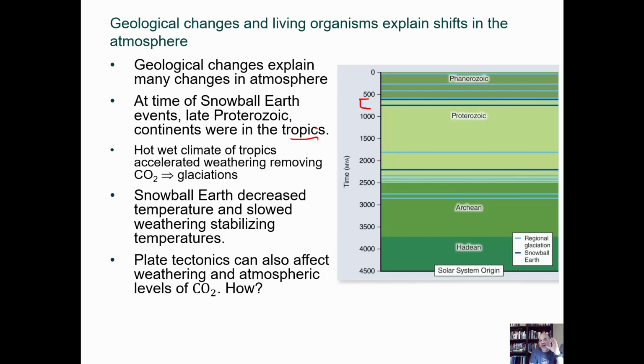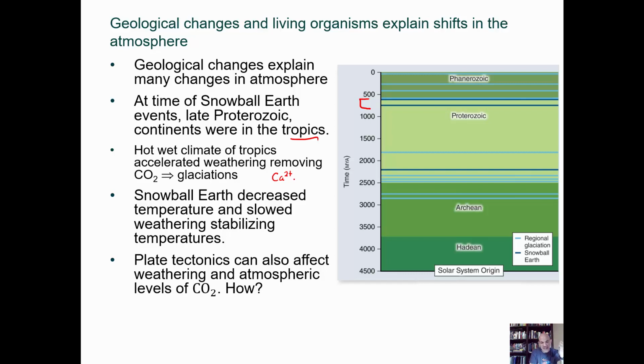When it's warm, you're going to have wetter climates, with more water in the atmosphere. That means more rain, and that rain combined with CO2, as we talked about in the prior section, reacts with water to produce carbonic acid, which then weathers the rock. That weathered rock releases minerals that contain calcium, and then calcium reacts with the bicarbonate, as discussed in the prior section, and combines with it to form calcium carbonate, which precipitates to form things like limestone, a sedimentary rock.